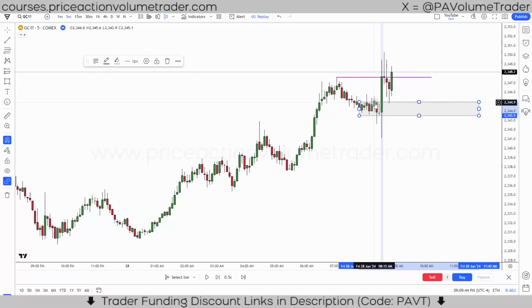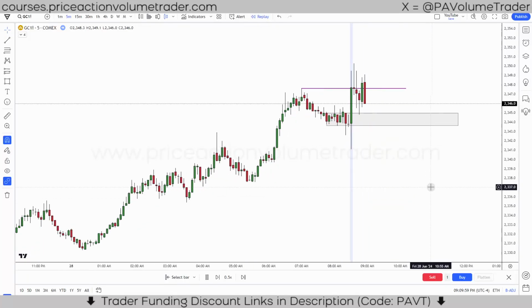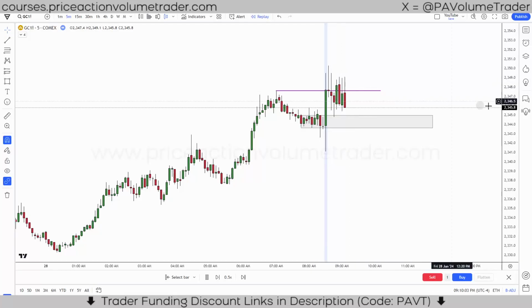This cluster, last down candle before this big move up. And we have all these areas of resistance here, consolidation, push up. So now we just continue observing. So we did have a close and a lot of choppiness through this level.